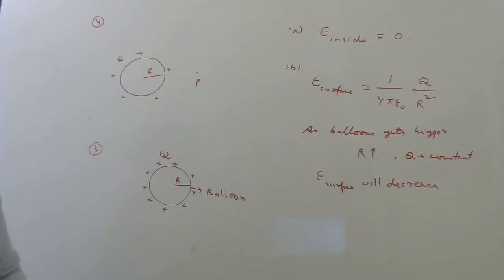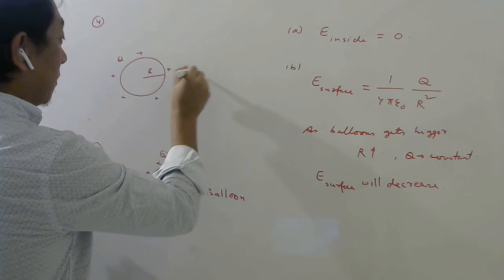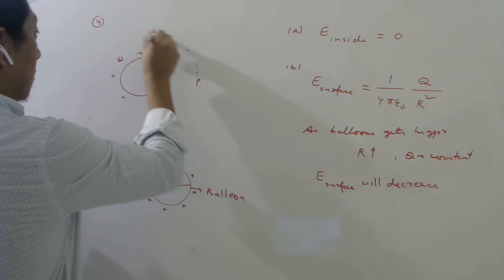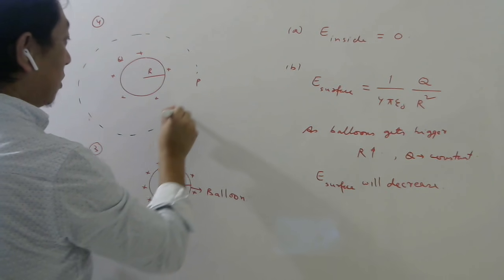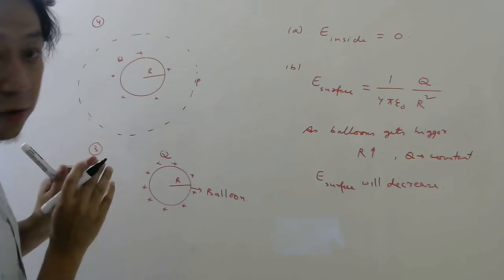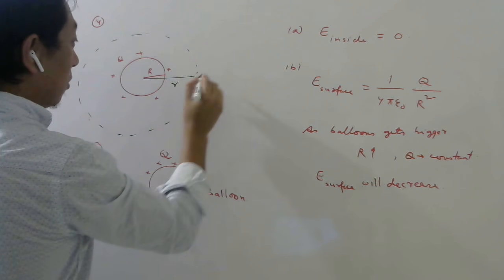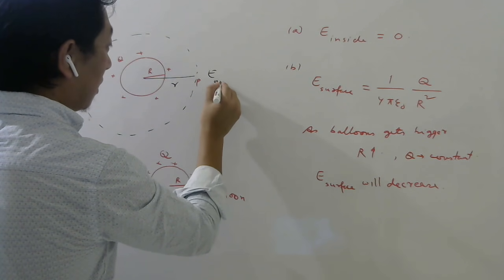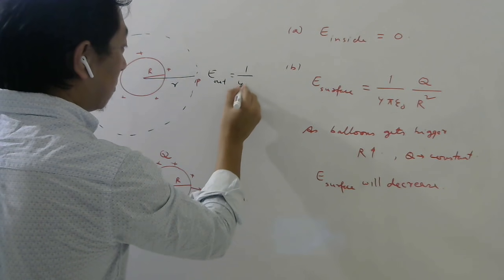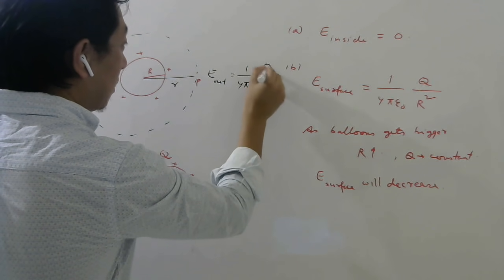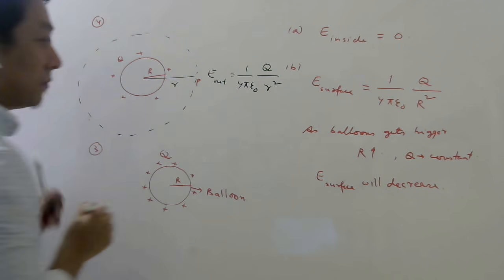Now you know that at this point, if you draw a Gaussian surface, I will not do the derivation again, but I am just trying to explain. If you take a Gaussian surface and this distance is small r, what was the electric field outside formula? 1 by 4 pi epsilon naught, capital Q by small r square.